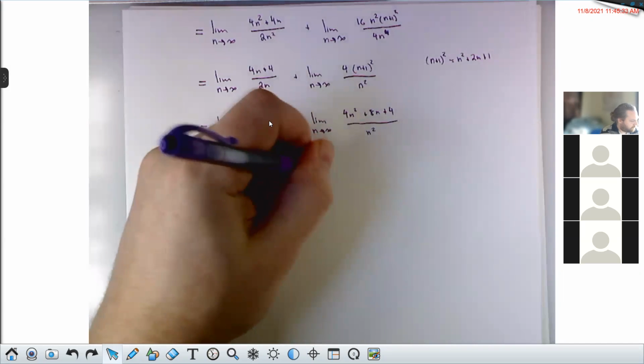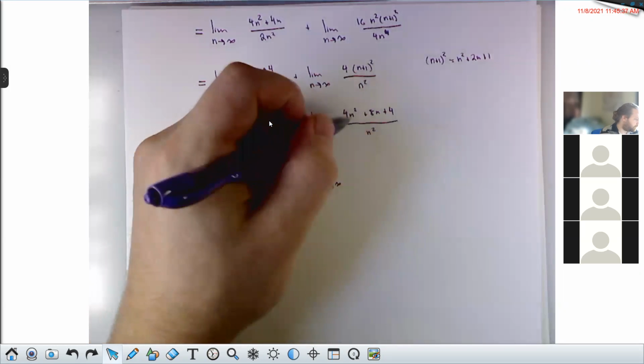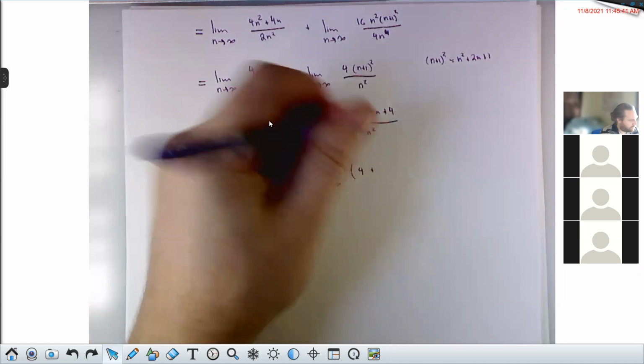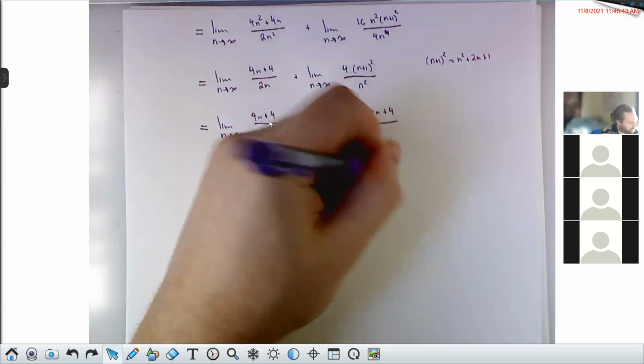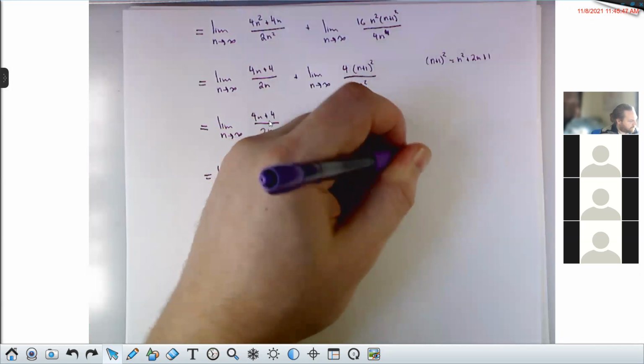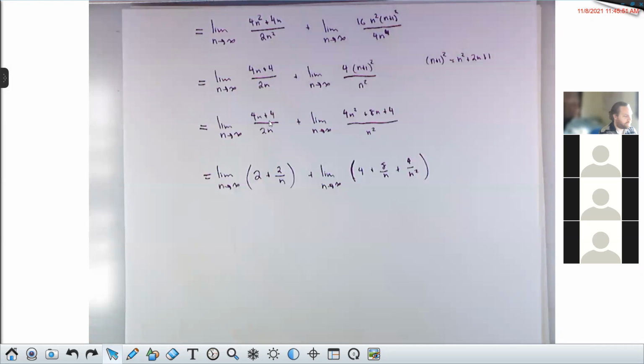And then I have here plus lim n to infinity. Splitting this up, 4n squared over n squared is 4, plus 8n over n squared is 8 over n, plus 4 over n squared. So I think this is a nice way to take these limits.